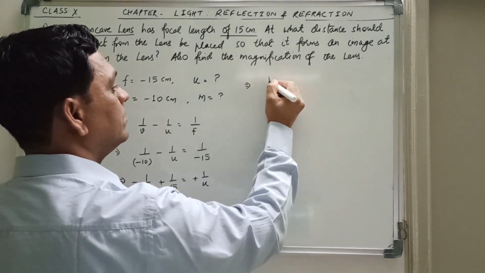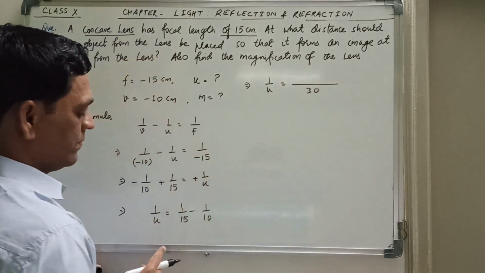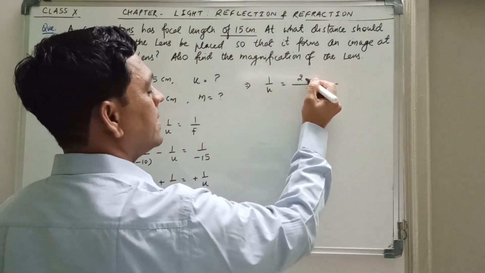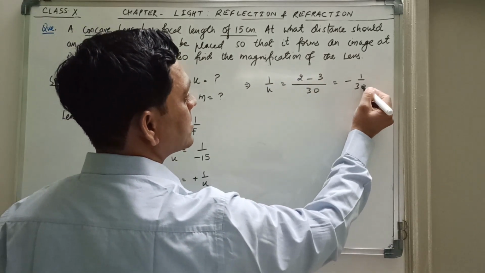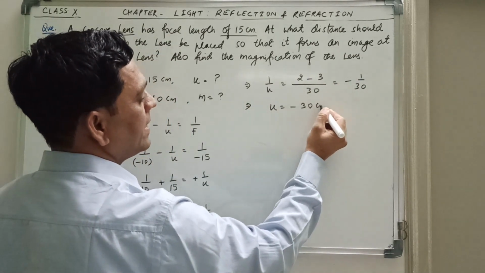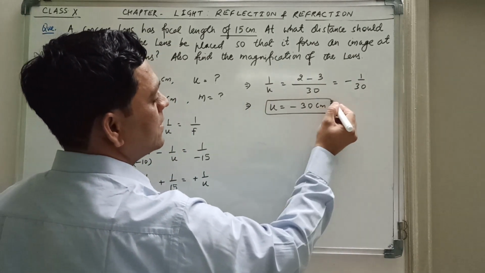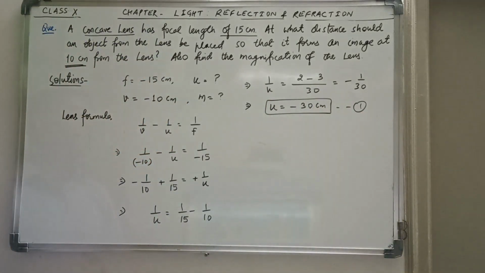Again we take the LCM. So LCM is 30. So 15 2s are 30 and 10 3s are 30. So this becomes minus 1 upon 30. So see, u is coming out to be minus 30 centimeter. So this is the object distance we have calculated, correct?